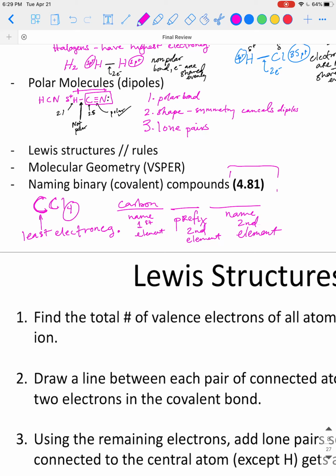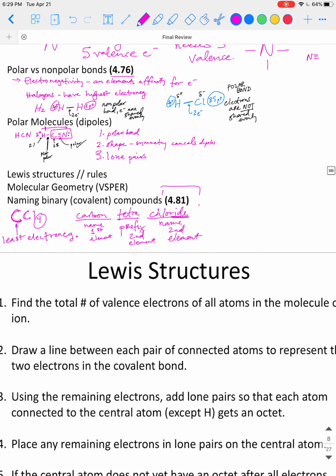I feel like I made this a lot more complicated than it had to be. Okay, so prefix for the second element. Depending on how many there are, here we have 4 chlorines. So the prefix for 4 is tetra. And then we would say chloride. Yes, we changed that name ending to "ide" as well.